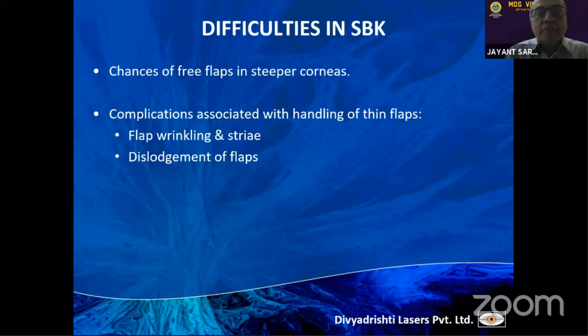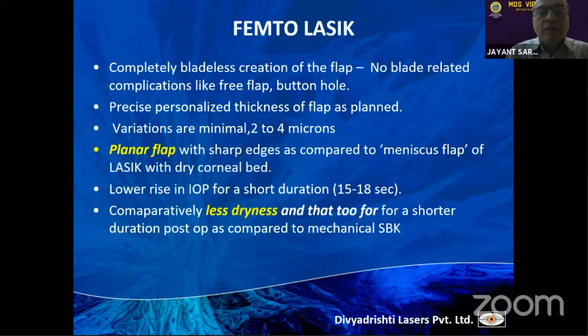Femto-LASIK is a completely bladeless creation of the flap, which decreases complication rates like free flap and buttonholing. Precisely personalized flap thicknesses can be planned as low as 90 microns. Deviations are very minimal, 2 to 4 microns, and it is a completely planar flap, with comparatively less dryness, and for a much shorter duration, than with a mechanical SBK.